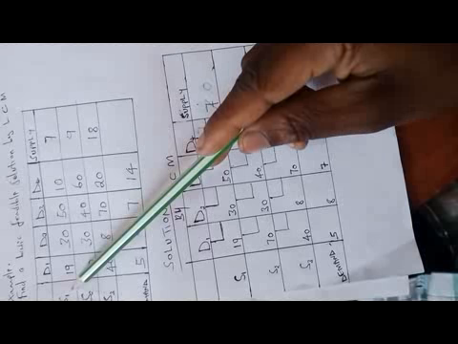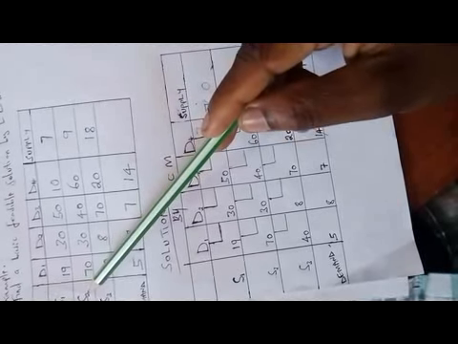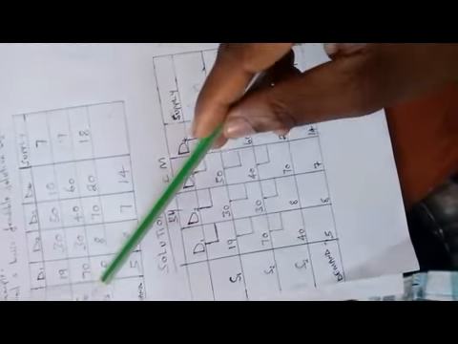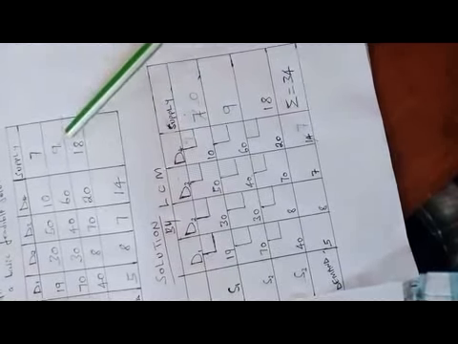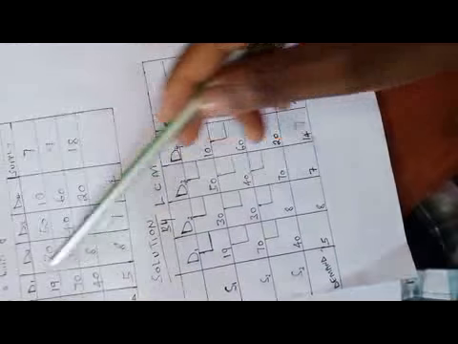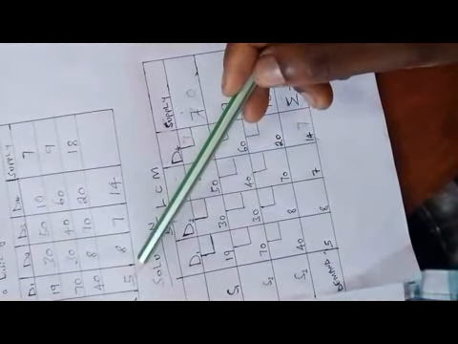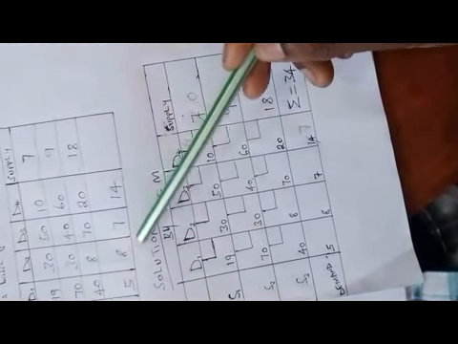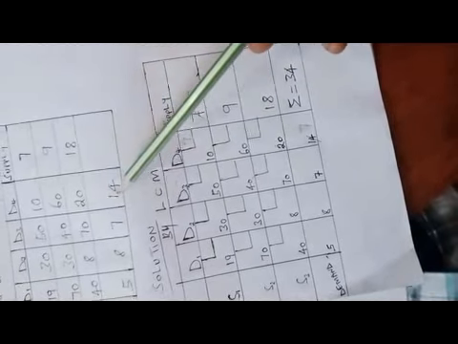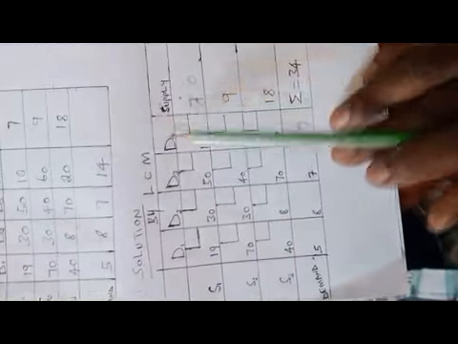We have the suppliers here, supply 1, supply 2, supply 3. Supply 1 is 7, supply 2 is 9, and supply 3 is this one. The first demand is 5, the second one is 8, the third one is 7, and the last one is 14.